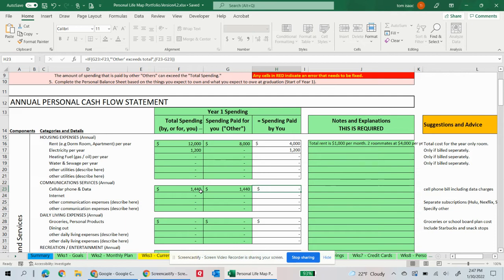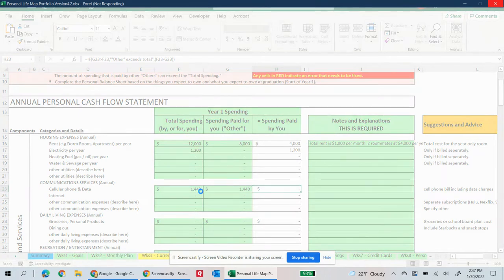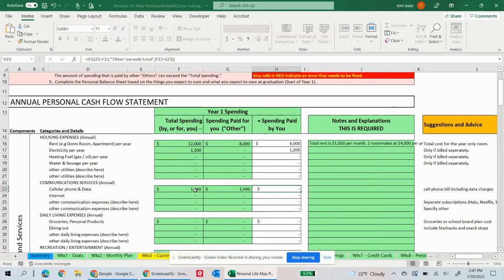What do you actually pay for your cell phone? Nothing. It's important to put these items in because you want to know how much money is being spent on your behalf, so that when you no longer have that type of parental support, you know how much money it's going to take to live.